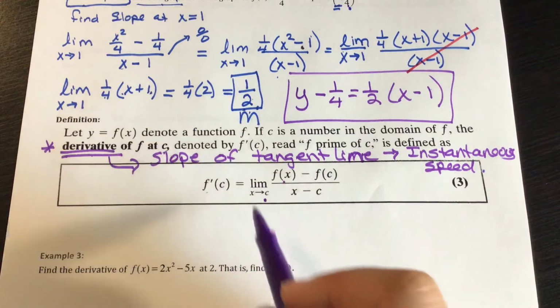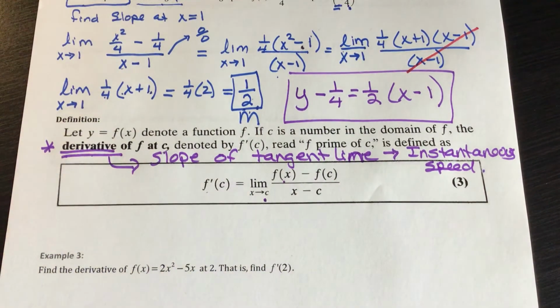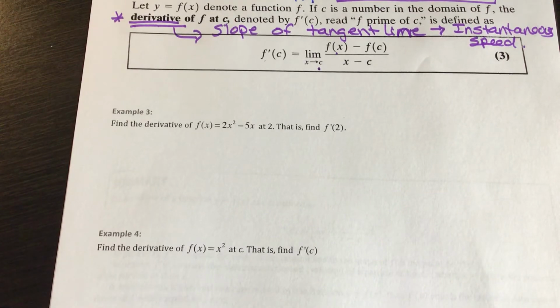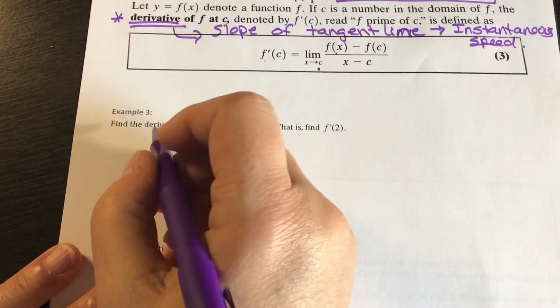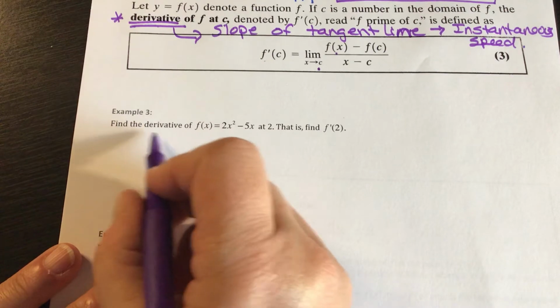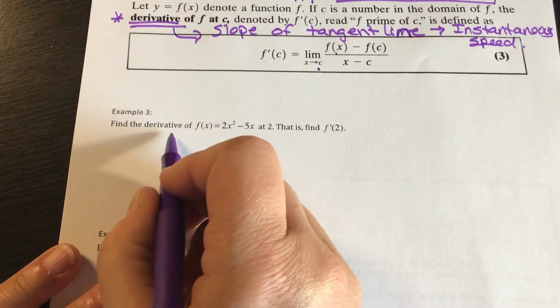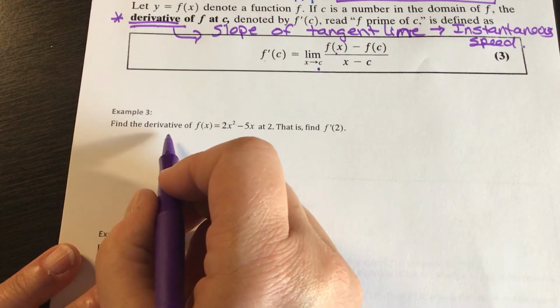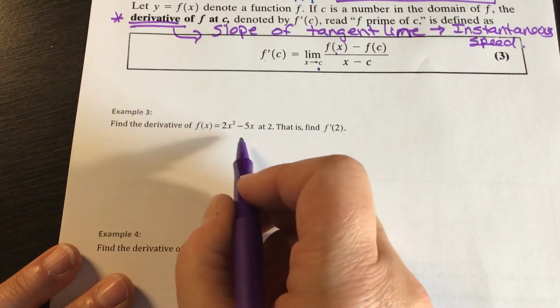So we've just done all that. So here in example 3, this is real calculus talk here. It says to find the derivative. Okay, same question, different name. Find the slope of the tangent line at a specific point on this function.